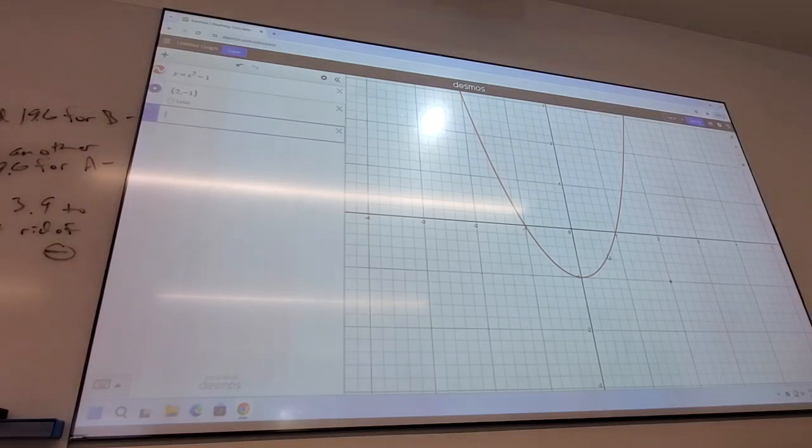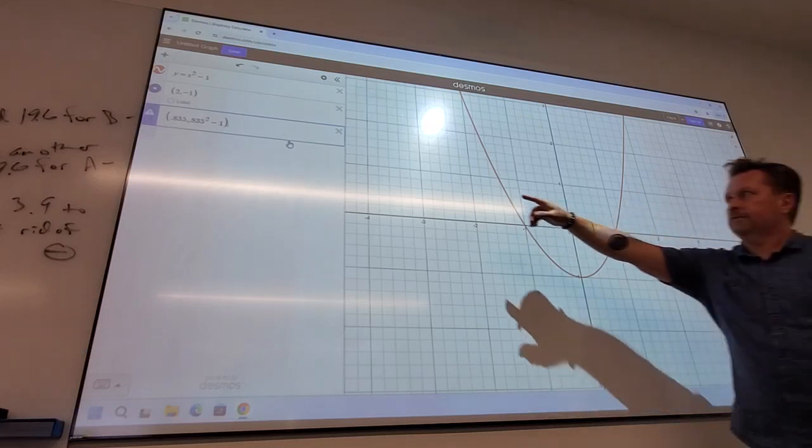And I want to know, so if I do the point 0.835, no, Jeff, get out of there. All right, here we go. 0.835 comma 0.835 squared minus 1. That'll be the point that's on the parabola.